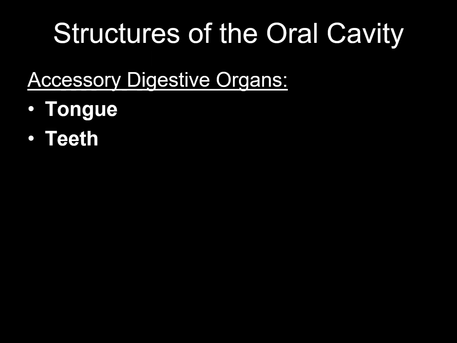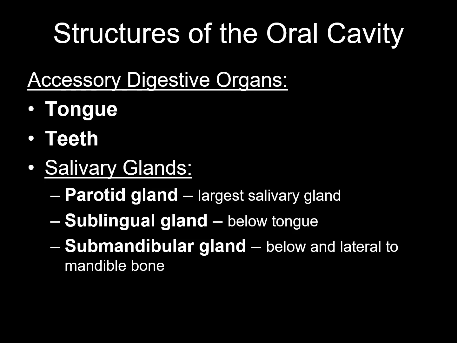When we're talking about the teeth and the tongue in the mouth, they're accessory organs. They're not part of the oral cavity itself, like the walls or the palate, but they're in the oral cavity. The teeth and tongue help mechanically crush the food in the mouth, okay?